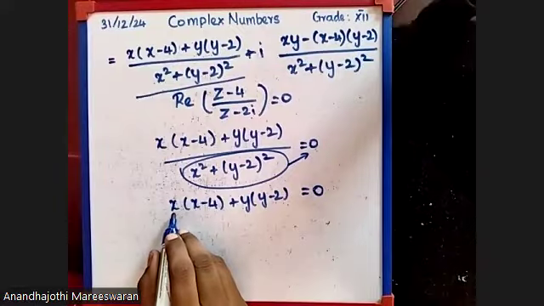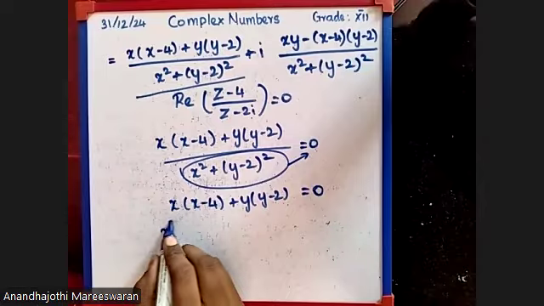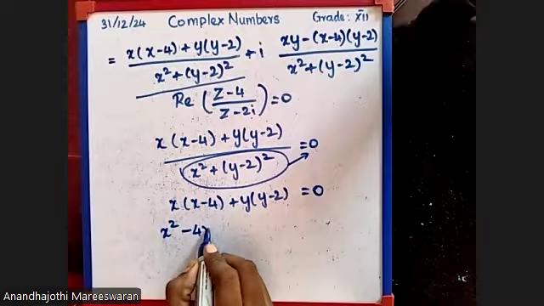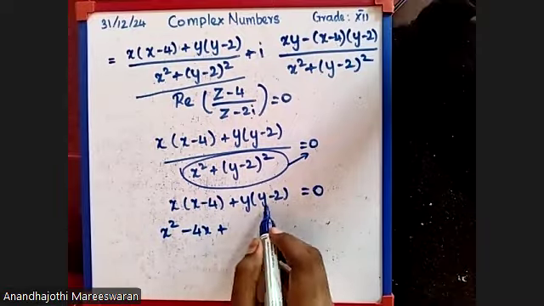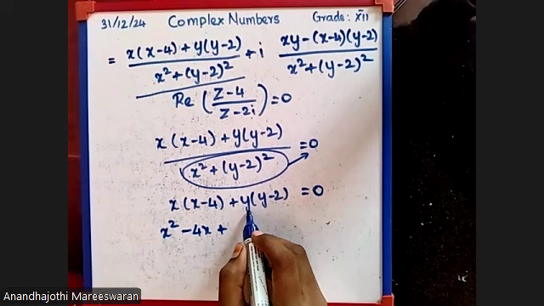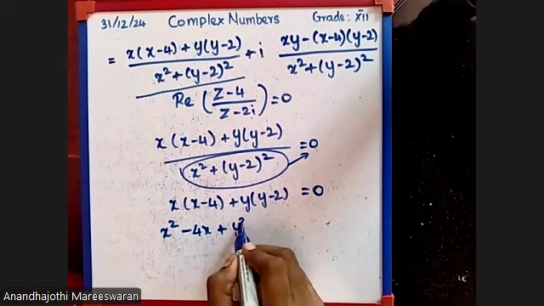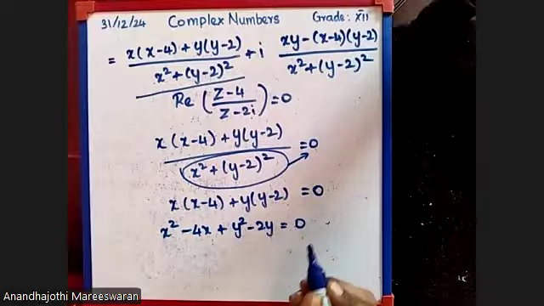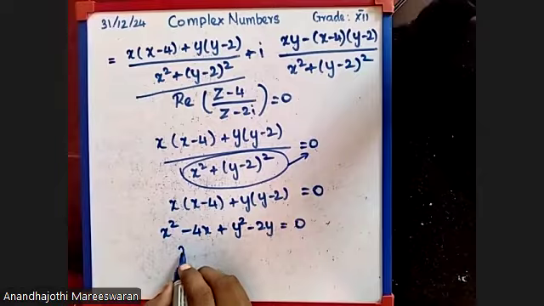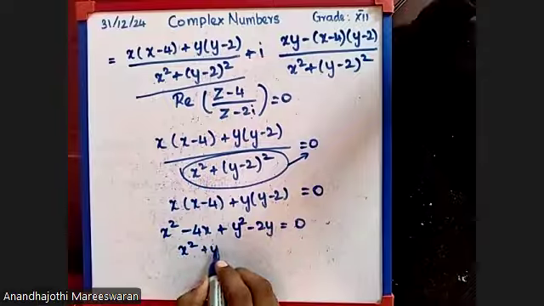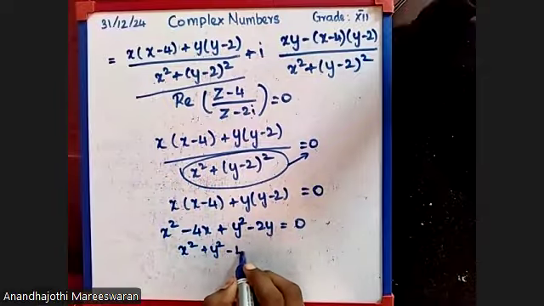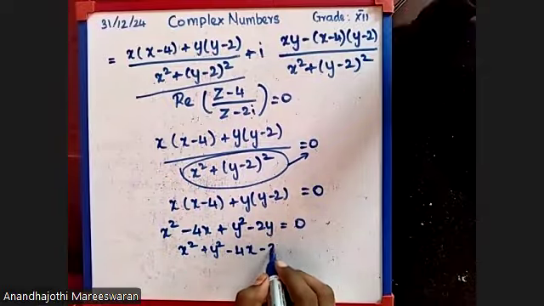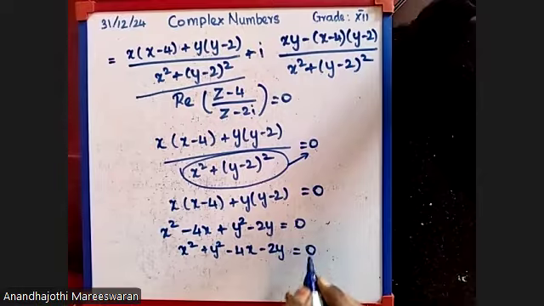Now I am going to multiply the x inside. So x squared minus 4x plus, now I am going to multiply y within this, so y squared minus 2y equals 0. I am going to rearrange this: x squared plus y squared minus 4x minus 2y equals 0.